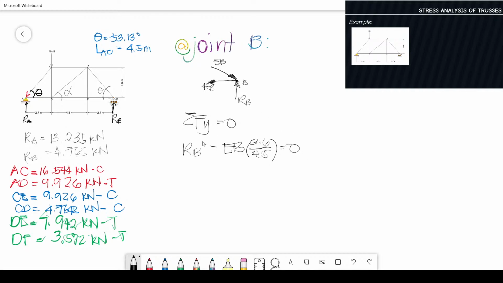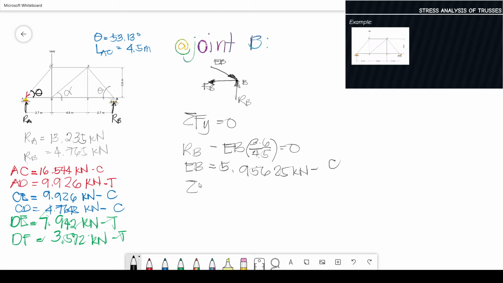So that is equal to 0. Our EB is equal to, so using the RB, 4.765 minus EB times 3.6 over 4.5 equal to 0. That is 5.95625 kilonewton. So this is compression.